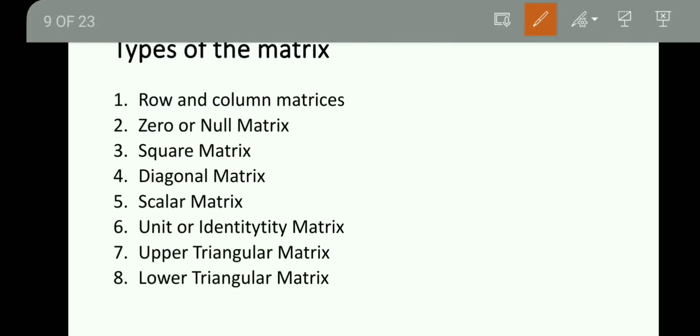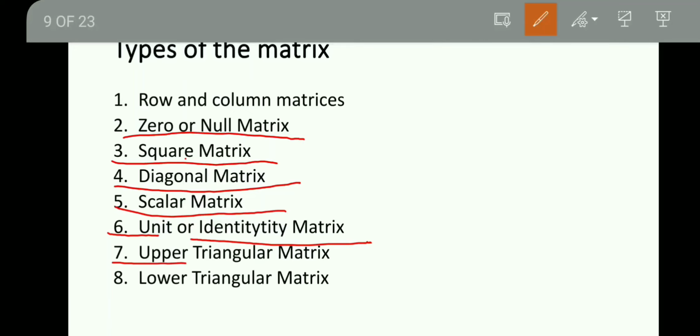Types of matrix: row and column matrix, zero or null matrix, square matrix, diagonal matrix, scalar matrix, unit or identity matrix, upper triangular matrix, lower triangular matrix.